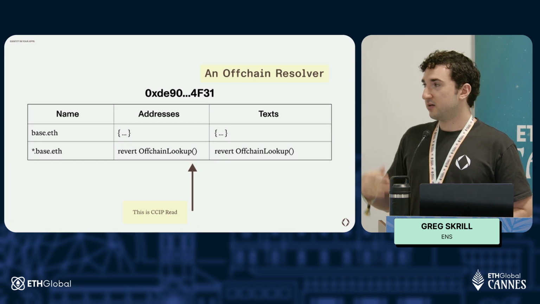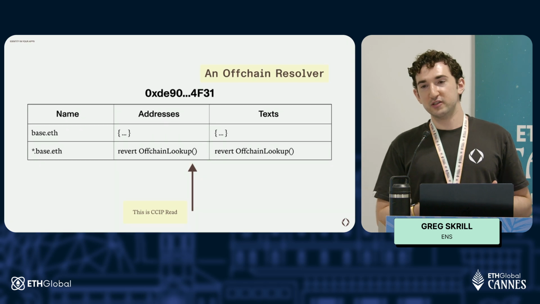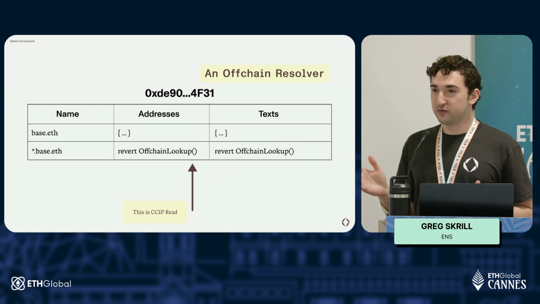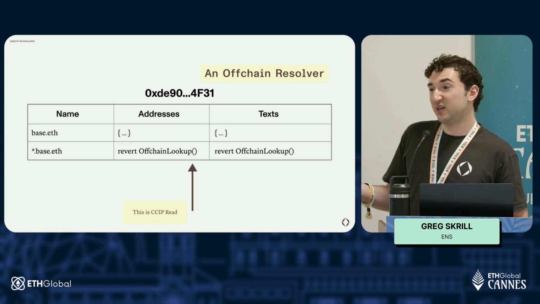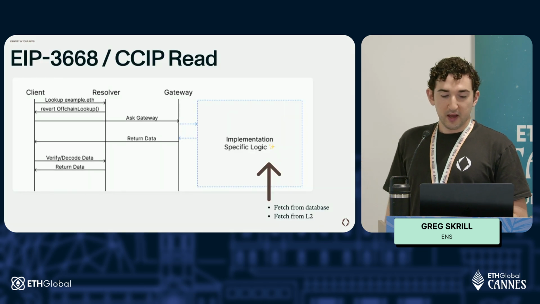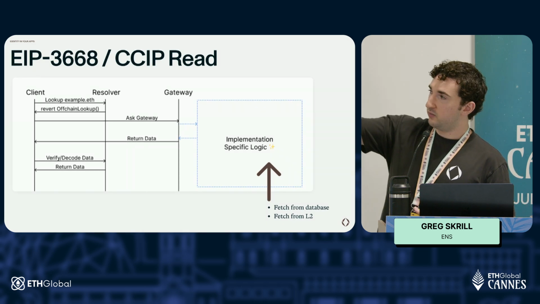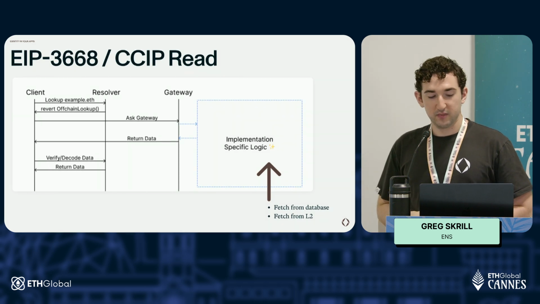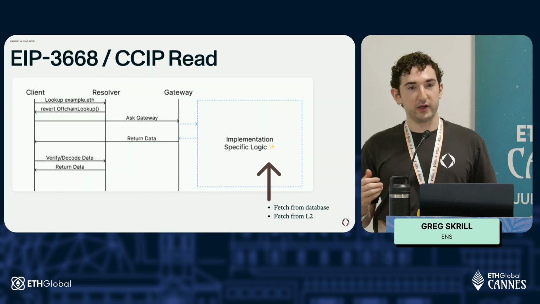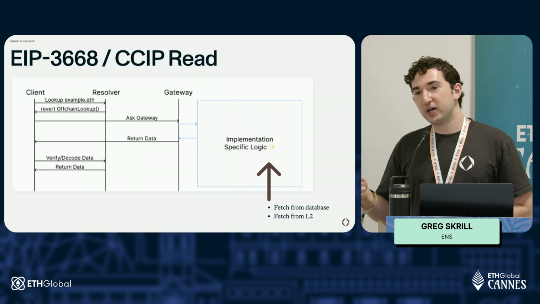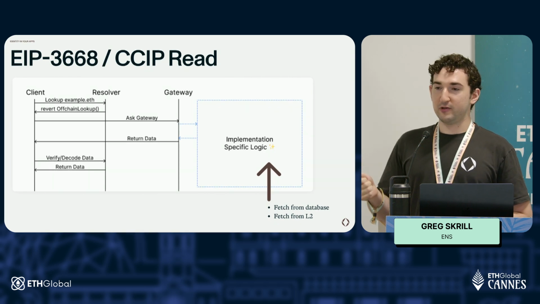This is a spec created by ENS that basically makes it easy to fetch off-chain data from a smart contract. It was written by ENS and mainly used by us, but it's an open Ethereum spec or an open EVM spec that anybody can use. And what happens here is that once the smart contract, which is the resolver in this diagram, reverts with the off-chain lookup, the client, or like the wallet, for example, that you're trying to resolve a name from, will reach out to some off-chain gateway, like an HTTP server, and ask for some of their data.